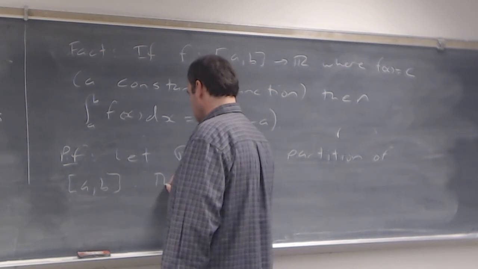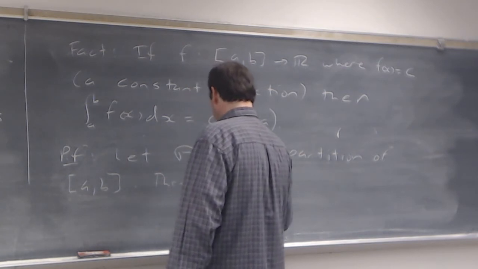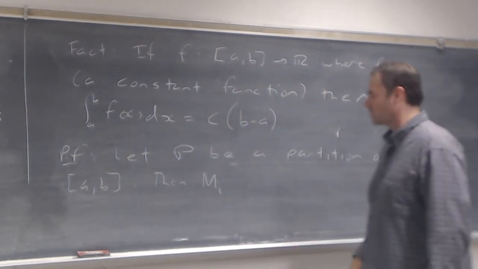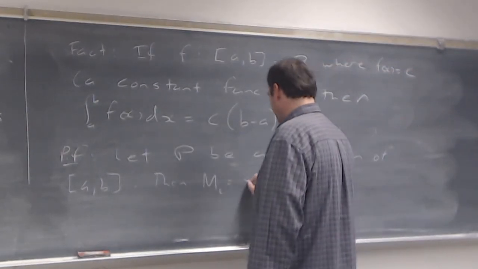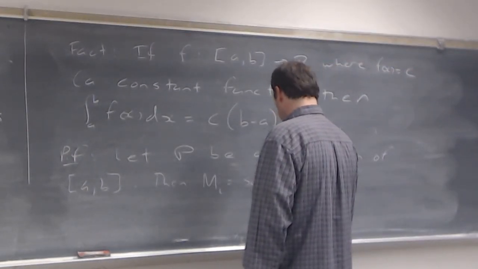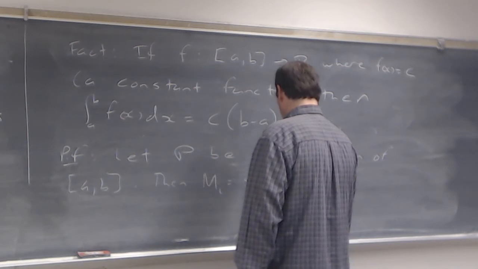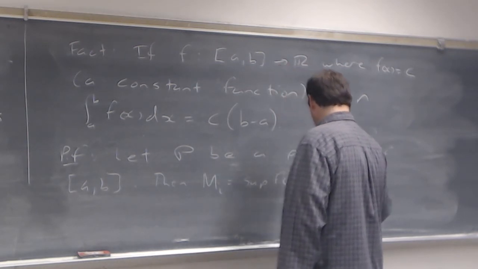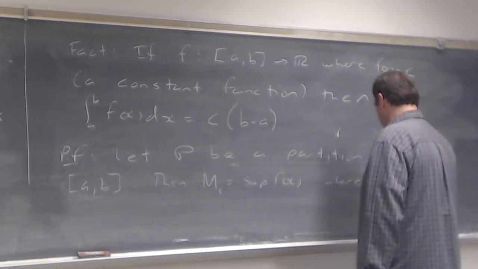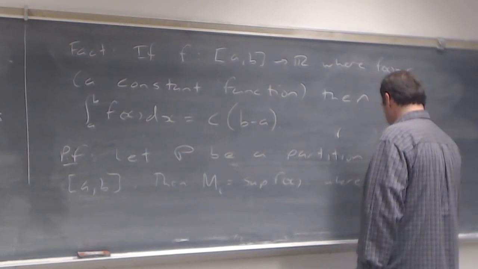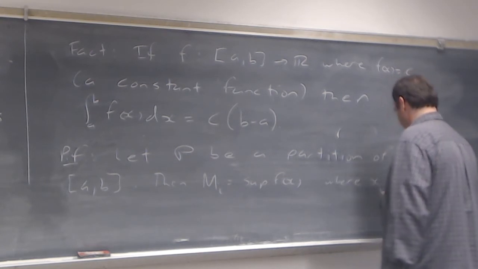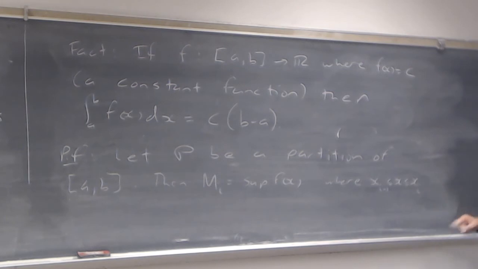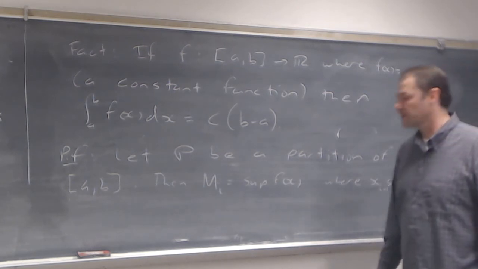Then, if you look at big M sub i, for all the i's that we can have, what that's going to be equal to is the sup of all the f of x's where x is sandwiched between x of i minus 1 and x of i. Okay? That's what we have.